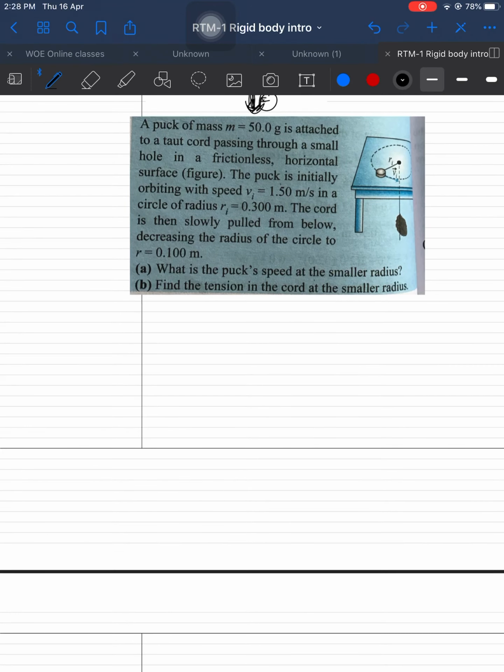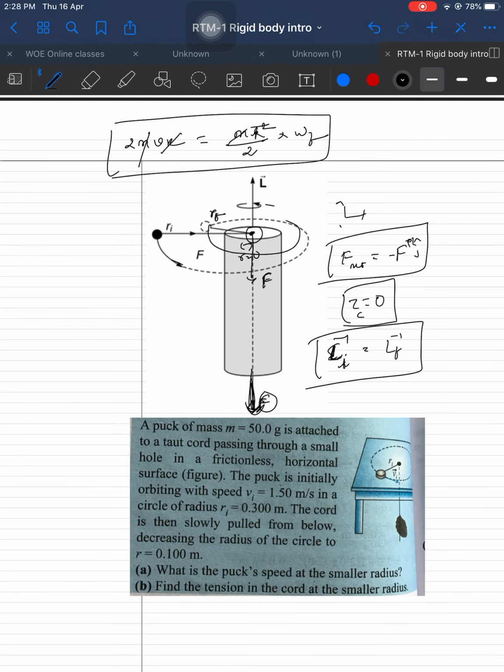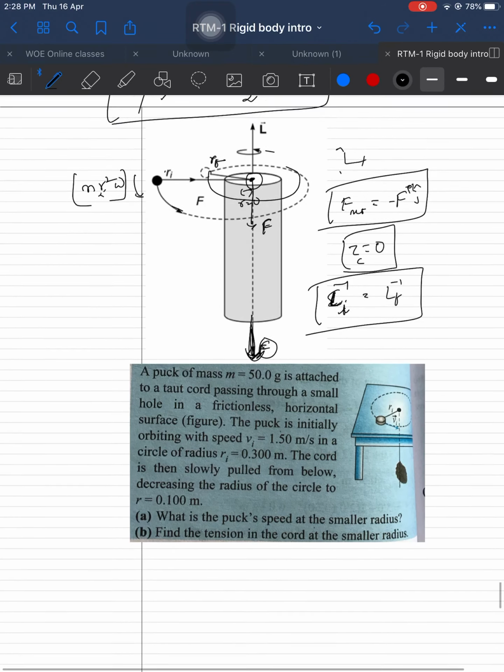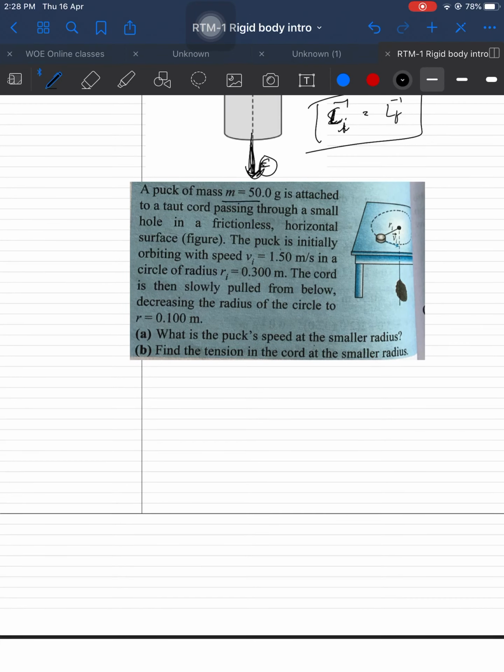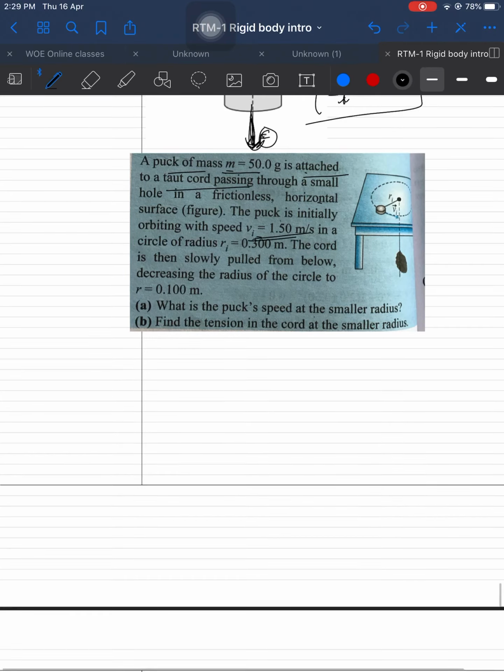So initial angular momentum is equal to what? Say it is rotating with angular velocity omega: m ri square into omega. And you can see this question: a puck of mass m, 50 gram, is attached to a taut cord passing through a small hole in a frictionless horizontal surface. The puck is initially orbiting with velocity vi.